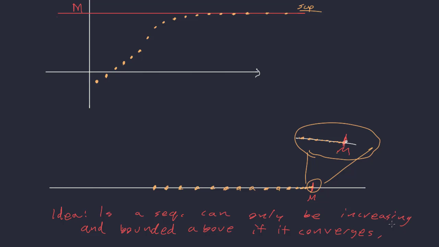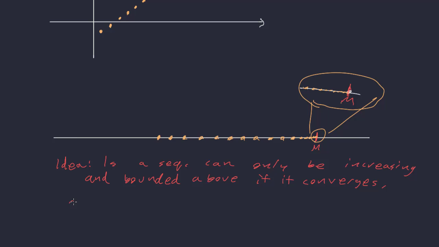And specifically, converges to the least upper bound. All right, so when we go to prove this, this is the idea we're going to use. We're going to use the fact that the sequence must be converging to its supremum.